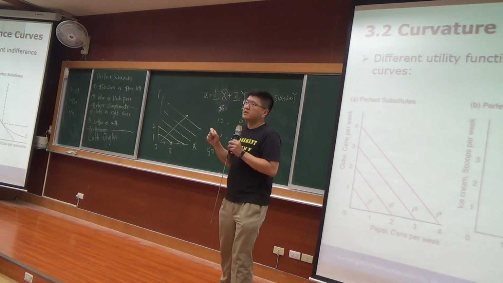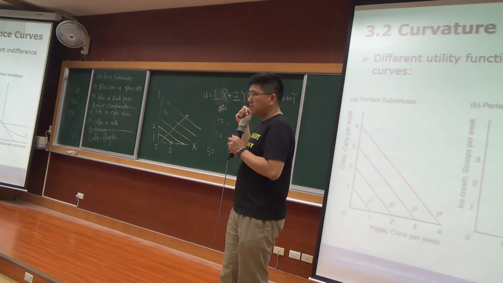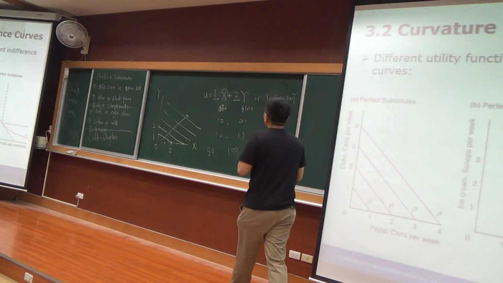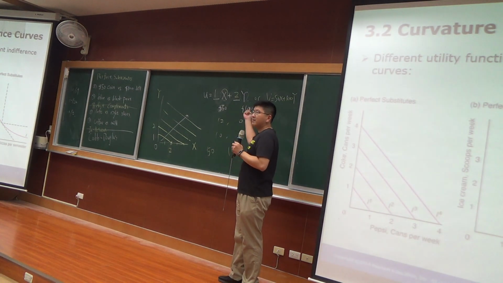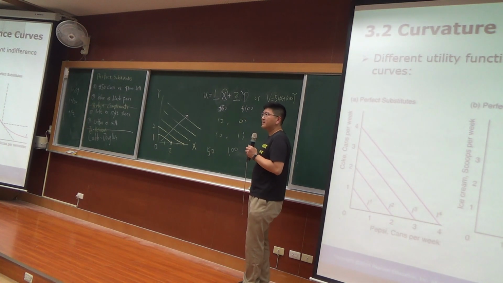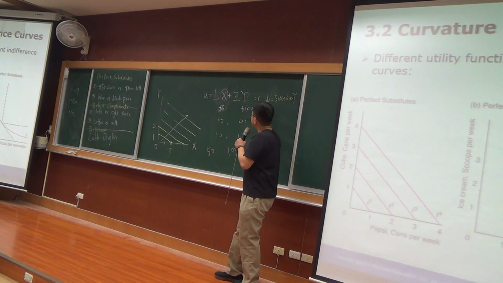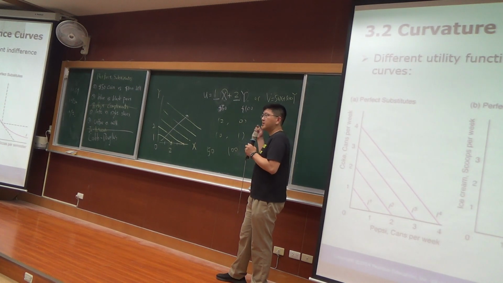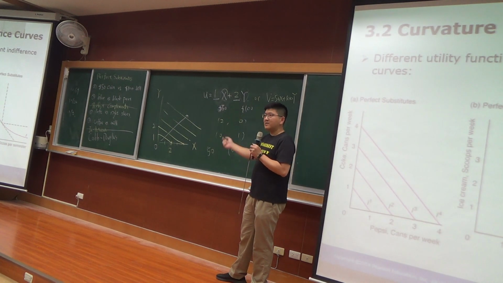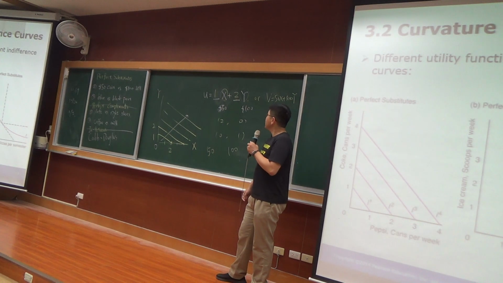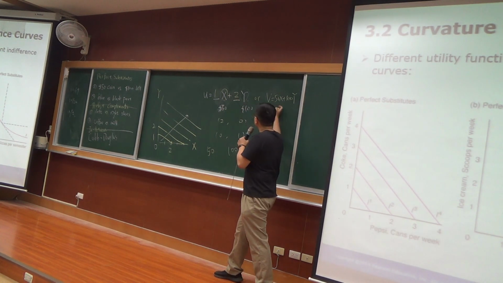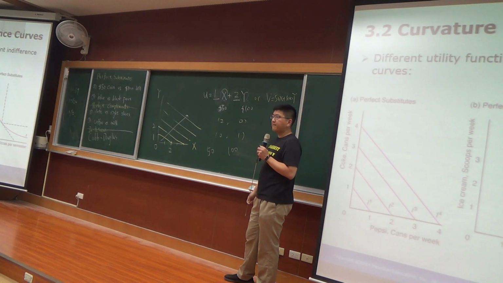These two functions give us two different forms of utility function, but they are capturing the same preference, because they are positive monotonic transformations of each other. This function multiplied by 50 would be this one. Is that clear?